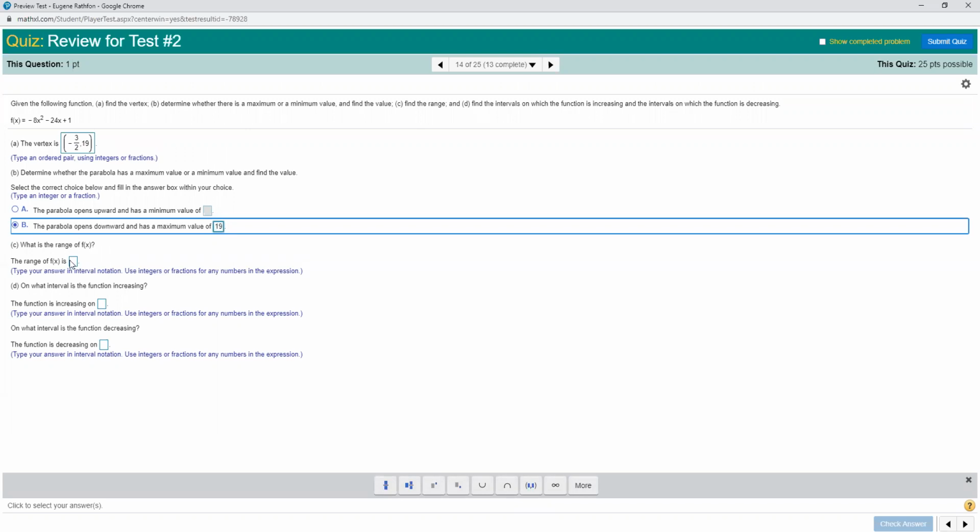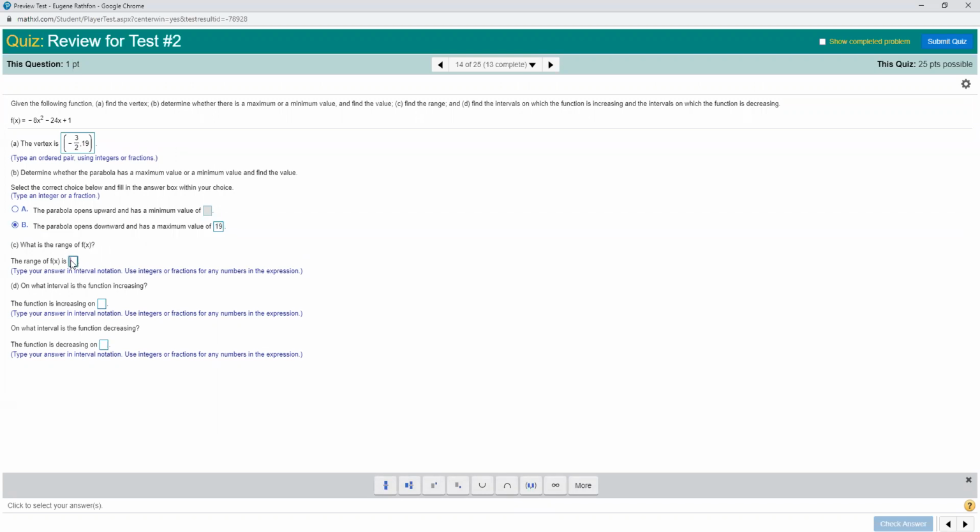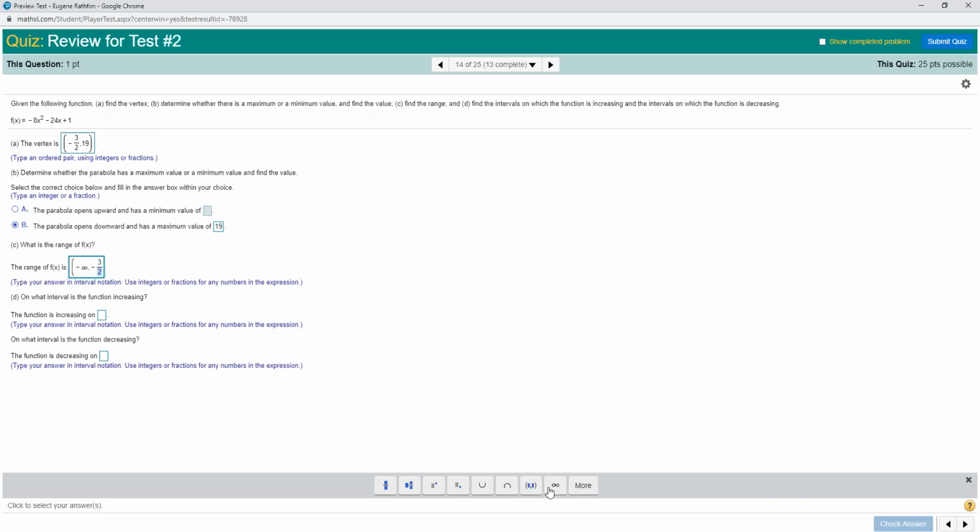The range we said was from -infinity. So let me use parentheses: negative infinity, comma, up to 19, and then close bracket. Whoops, hang on. See how that did that? You got to arrow out before you close in parentheses, okay?